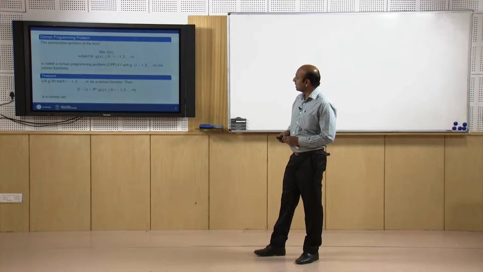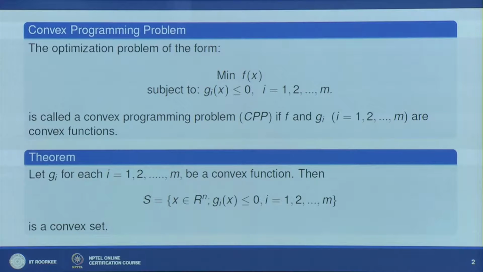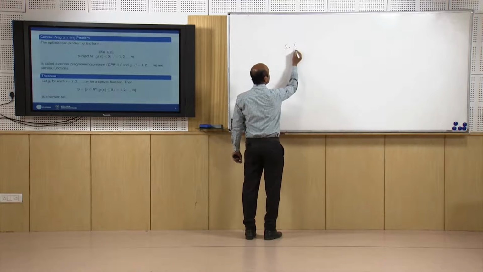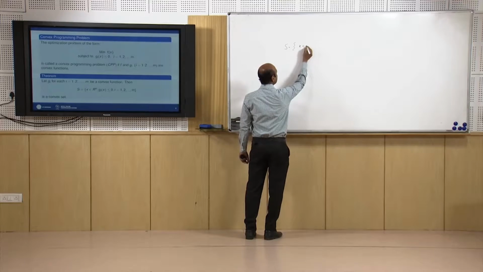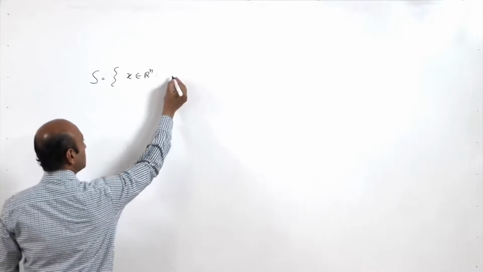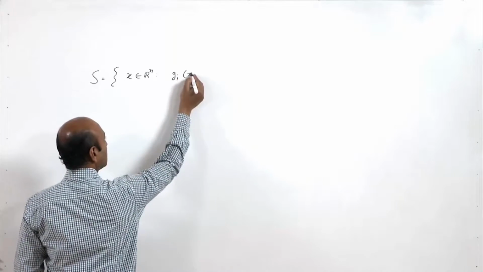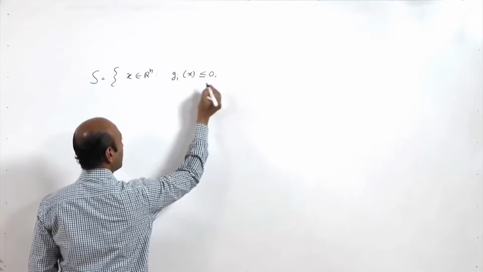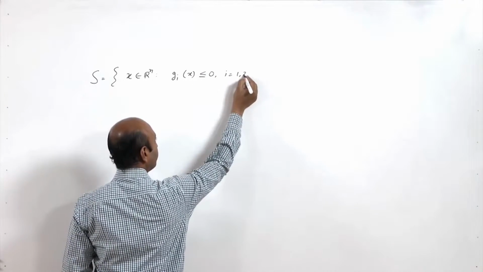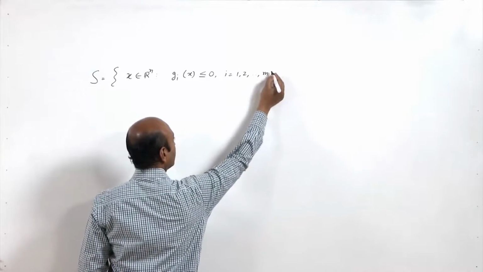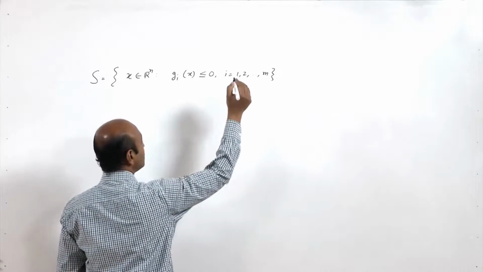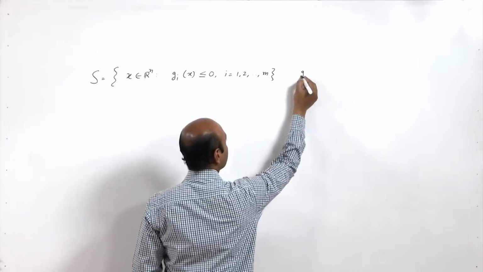Now, if g_i for each i from 1 to m is a convex function, then this set is always a convex set. Let us see what this set is. This set S is nothing but all x belonging to R^n such that g_i(x) is less than or equal to 0, i from 1 to m, where all g_i's are convex functions.